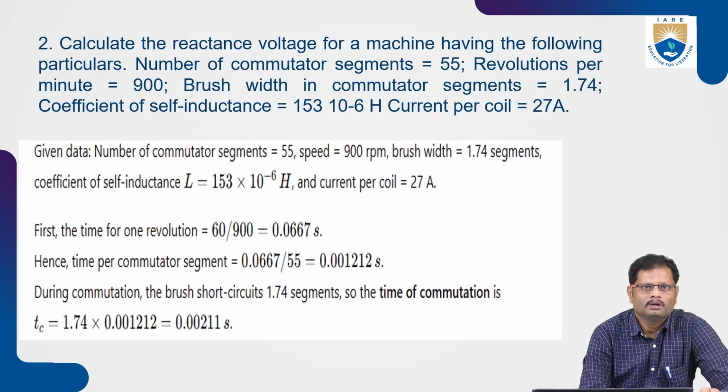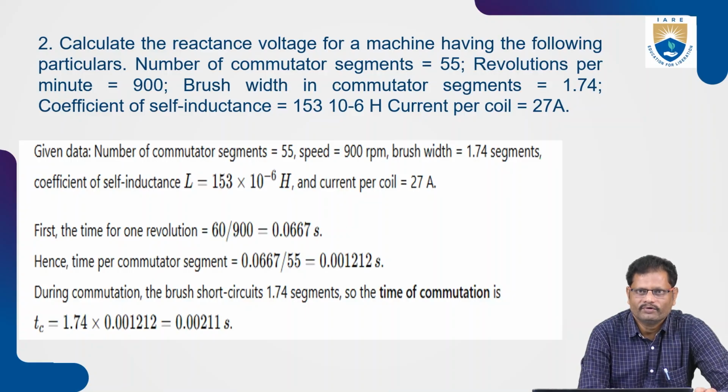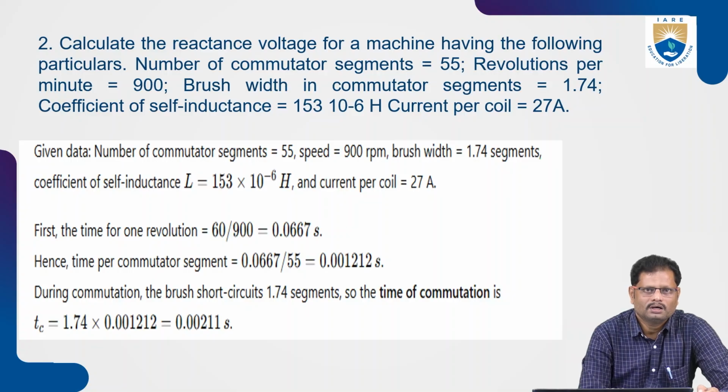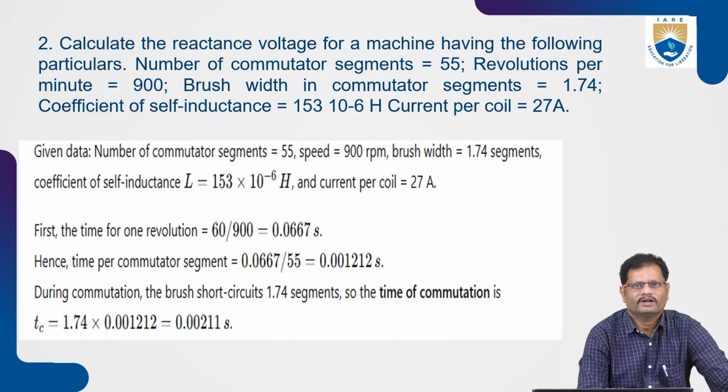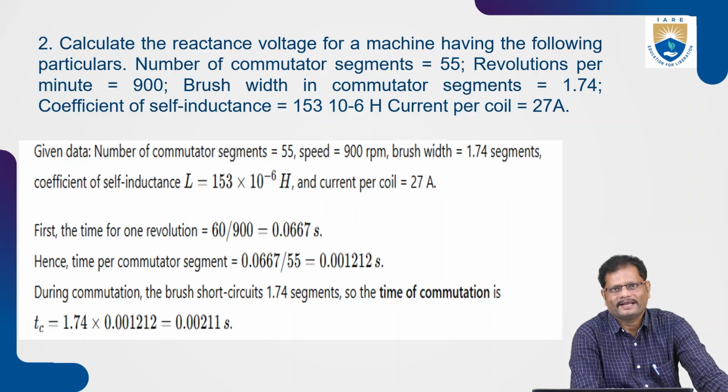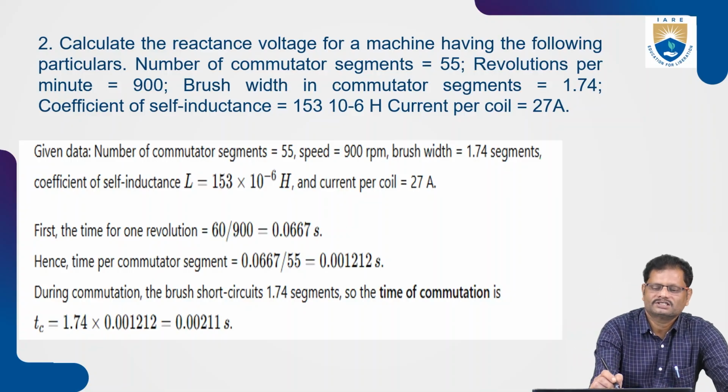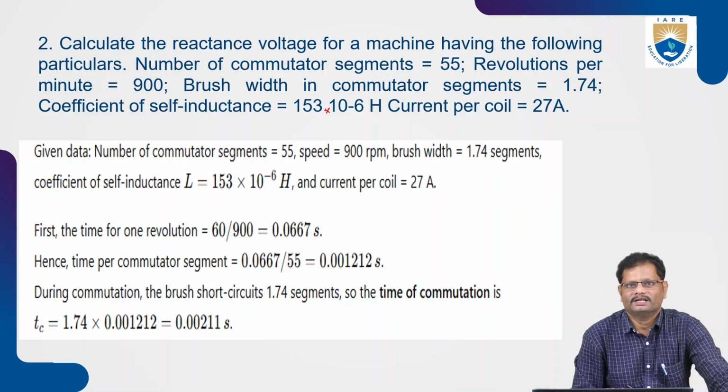Second problem. Calculate the reactance voltage for a machine having the following particulars. The particulars are number of commutator segments are 55, revolutions per minute are 900, brush width in commutator segments is 1.74. Also, coefficient of self-inductance is given as 153 into 10 power minus 6 henries.